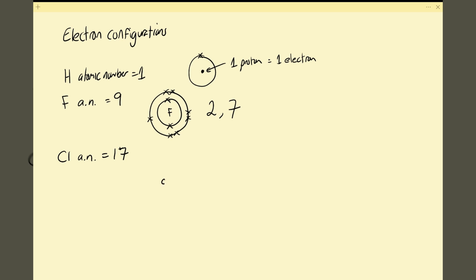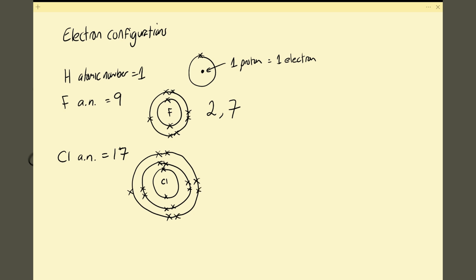So chlorine has a first shell, a second shell, and I know it has a third shell because it's in the third row on the periodic table. We want 2 in the first one, then 1, 2, 3, 4, 5, 6, 7, 8 in the next, and that gives us 10 overall. Now I need to put 7 in the next shell: 1, 2, 3, 4, 5, 6, 7.